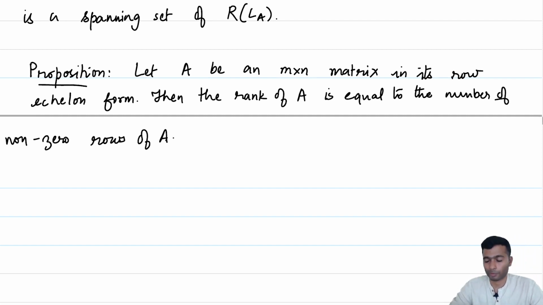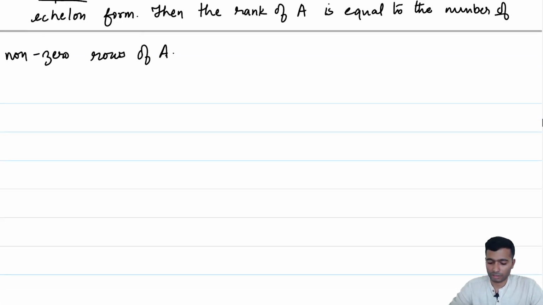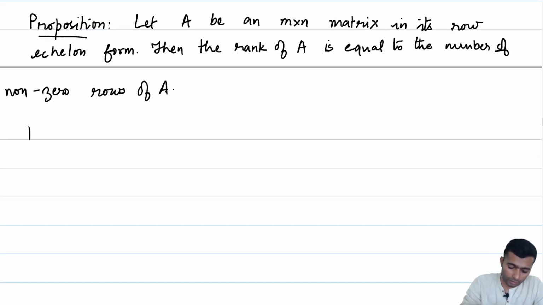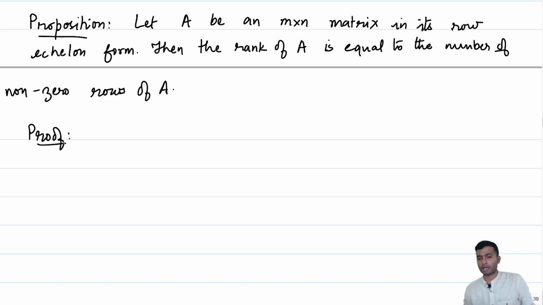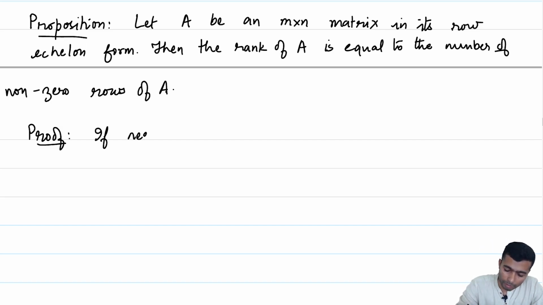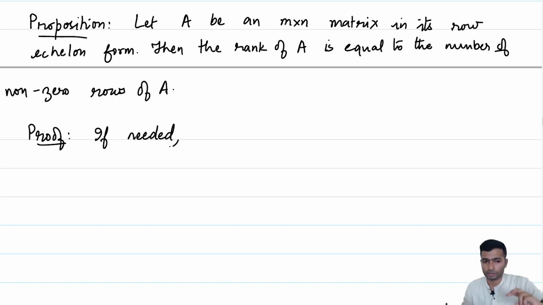Okay, so let us give a proof of this. So, we noted that the rank of a matrix A is not changed after you multiply by an invertible matrix. So, if needed, multiply by the elementary matrices which interchange rows.